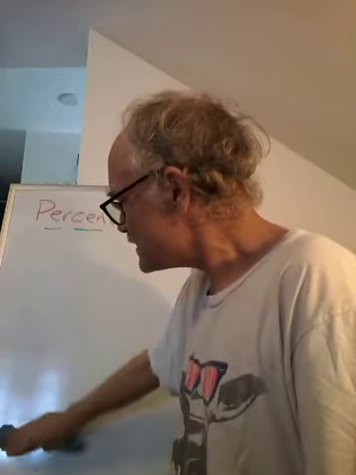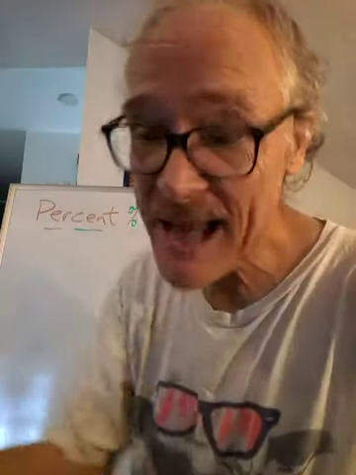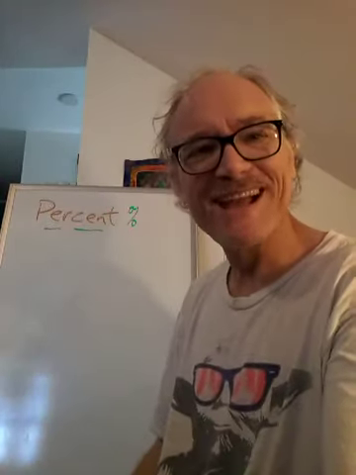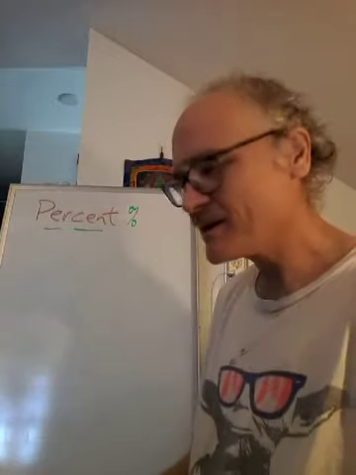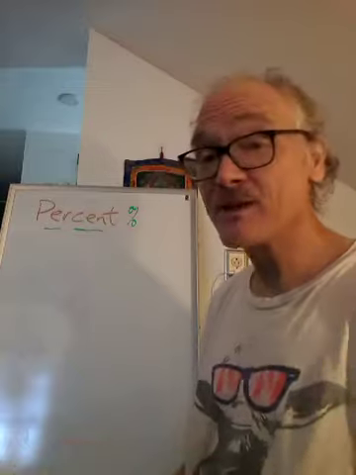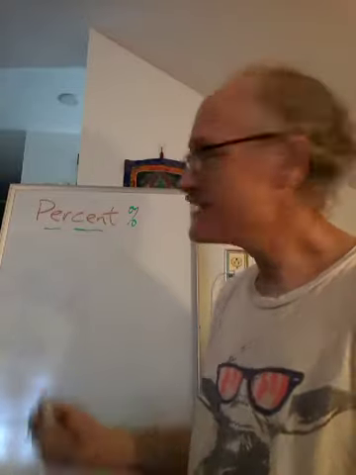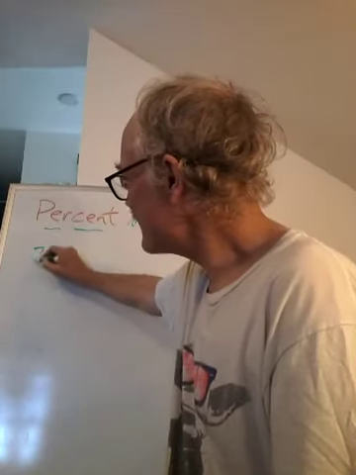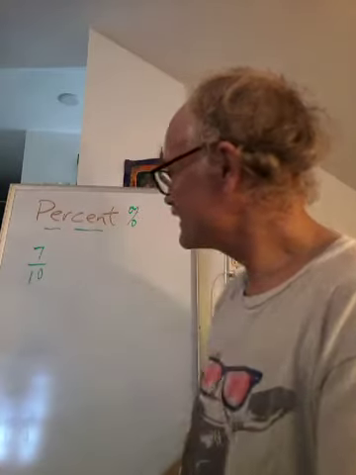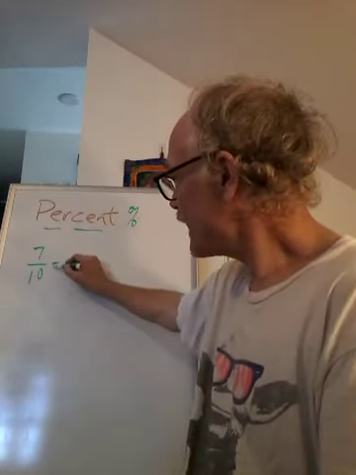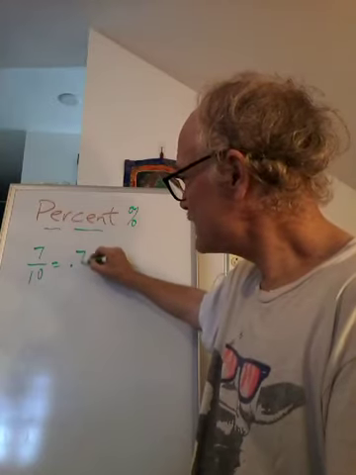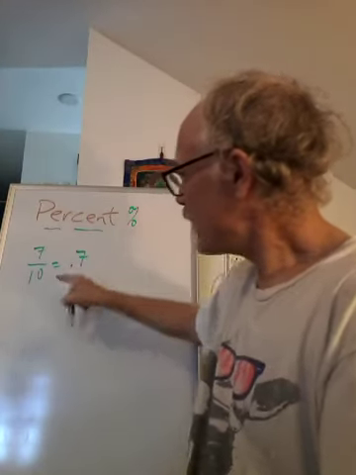In percentages, you may not automatically have 100 as the denominator, right? Suppose we start off with something that's not 100. Say I have 7 over 10. Well, when I change this to a decimal, I'm going to call that 0.7. Why is it 0.7?